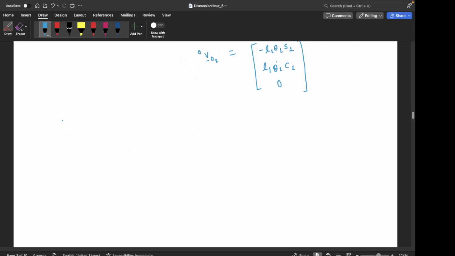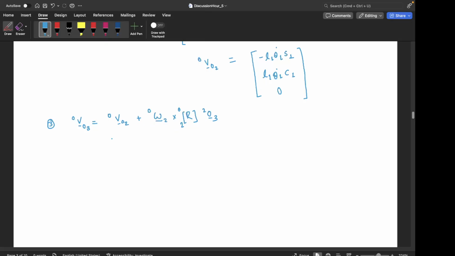The third one again is very algorithmic, doing the same thing. In the 0th frame we want to express the origin of the third frame, which is equal to the origin of the second frame plus the angular velocity of the second link in the base frame, cross the rotation matrix from this to this and this to this, right?